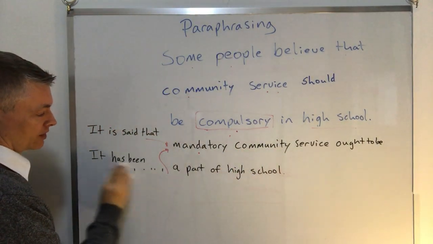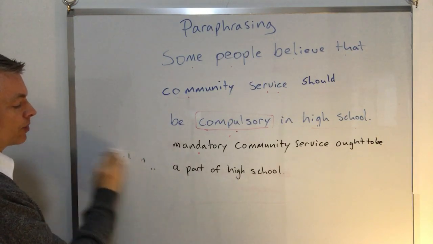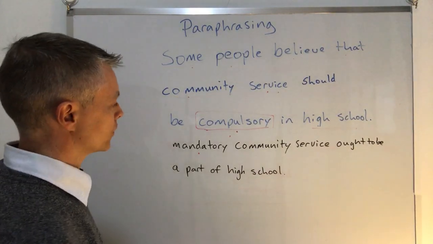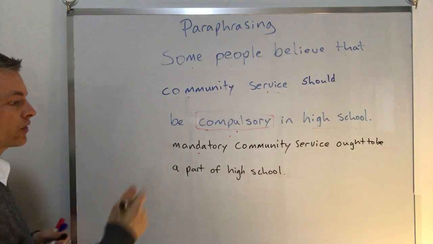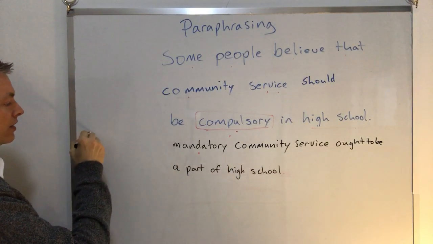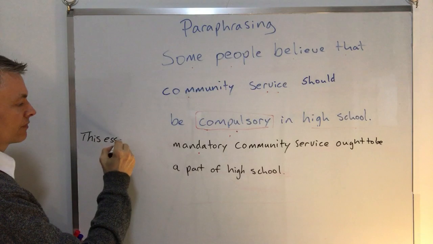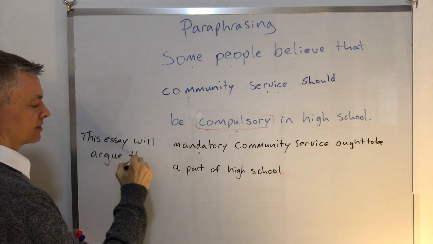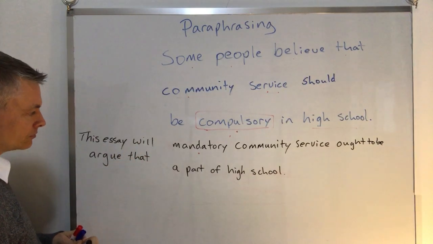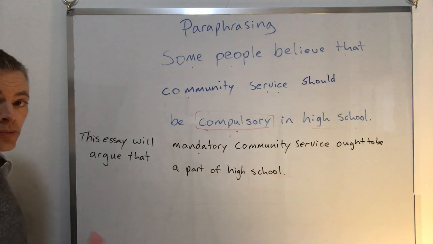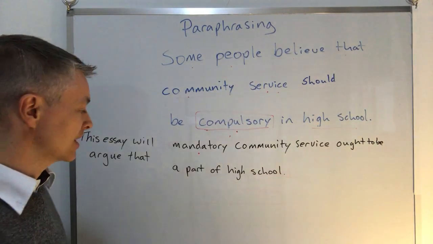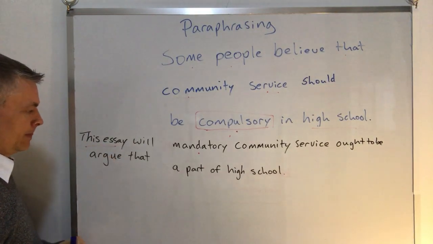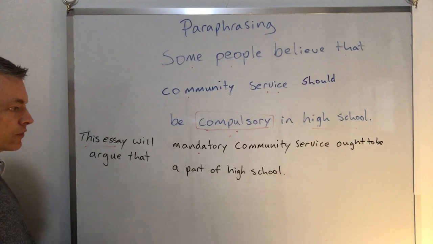So we're going to get rid of this. We're not going to use this as a topic sentence. This is going to be our thesis. So that means here we need, this essay will argue that. Now, in terms of sentence structure, so you can understand sentence structure, the subject is this essay, and will argue is the verb.